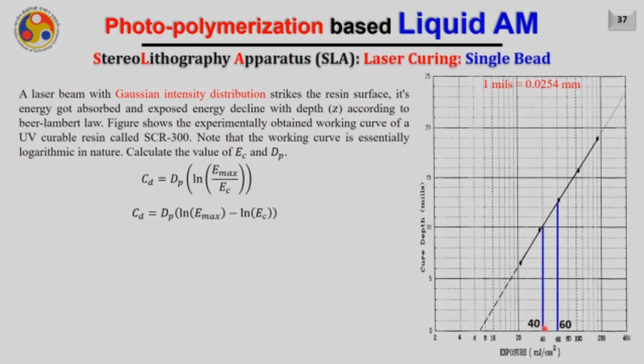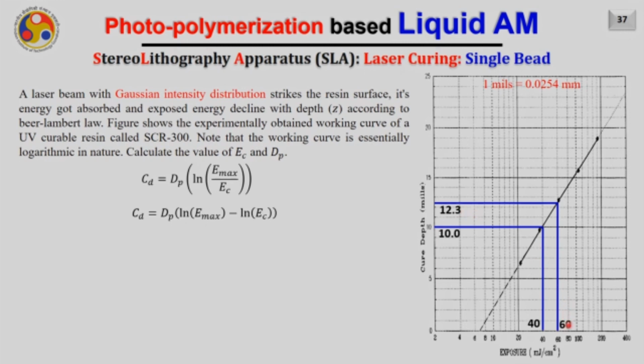Now, if I consider these two particular points where the value of Emax is 40 and the value of Emax is 60, I have extended these lines up to this curve, and correspondingly I'll try to measure the value of CD. The corresponding values of CD are approximately 10 corresponding to the Emax value of 40 and 12.3 corresponding to the Emax value of 60.